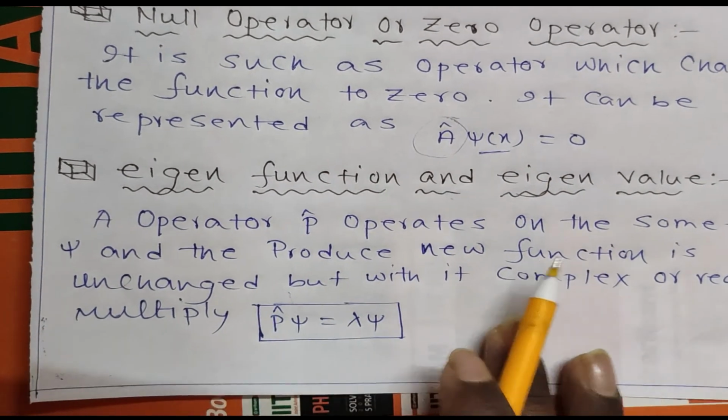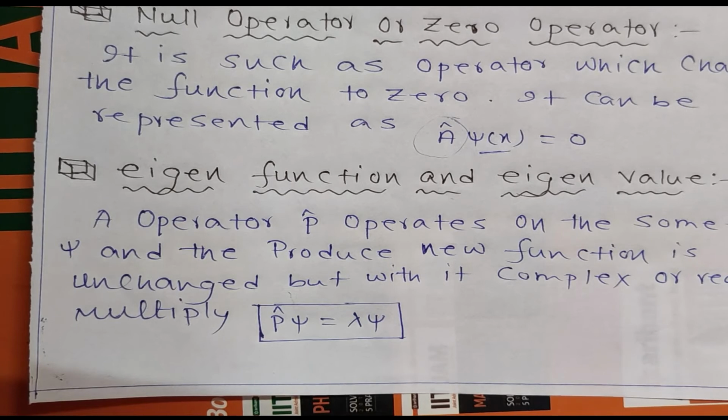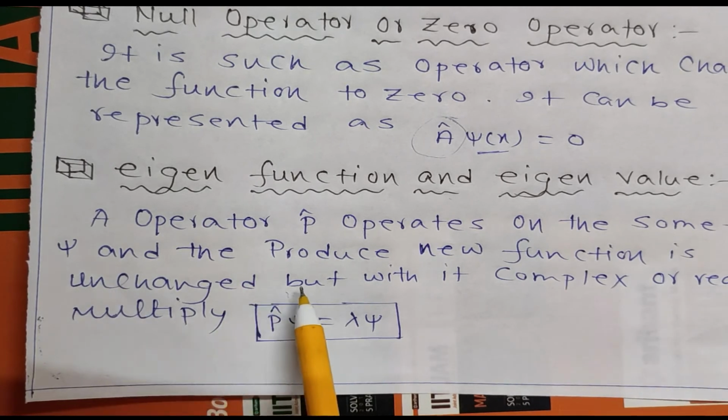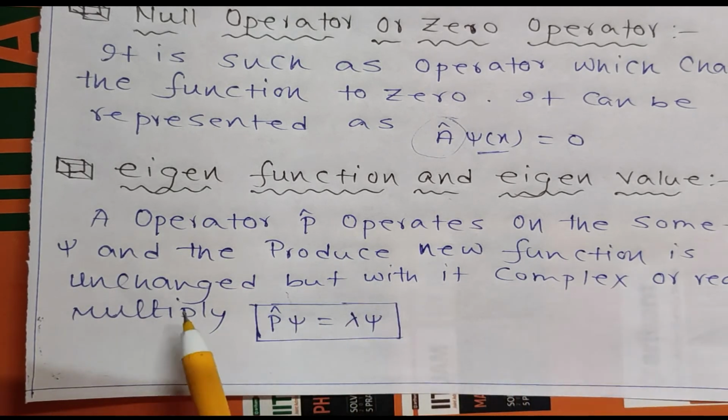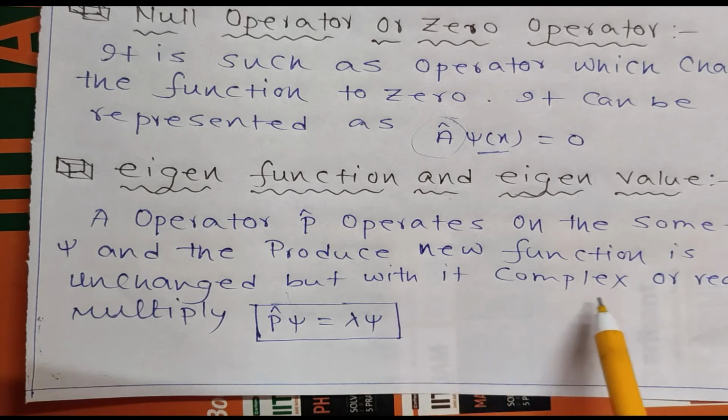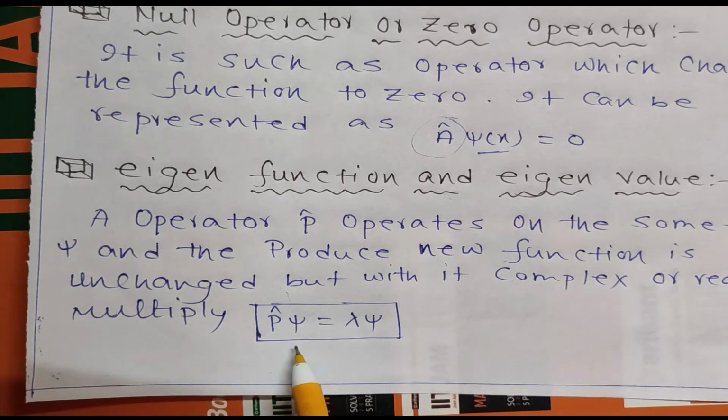The next topic is eigenfunction and eigenvalue. When an operator P operates on some function psi, the produced new function is unchanged but is multiplied by a real or complex number lambda. P is the operator and psi is the wave function.